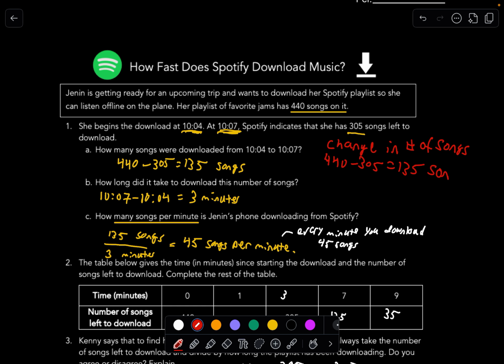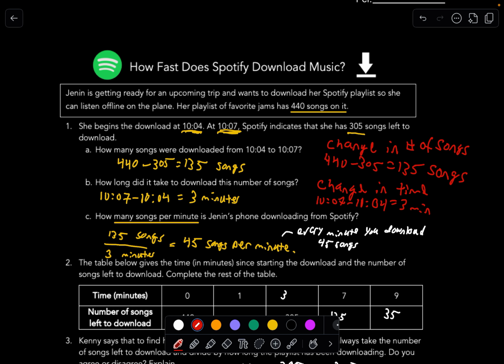That's how that was calculated. And the change in time, or the time it took to download, was 10:07 minus 10:04, which was the 3 minutes.